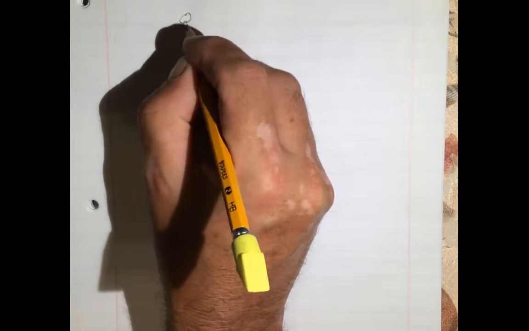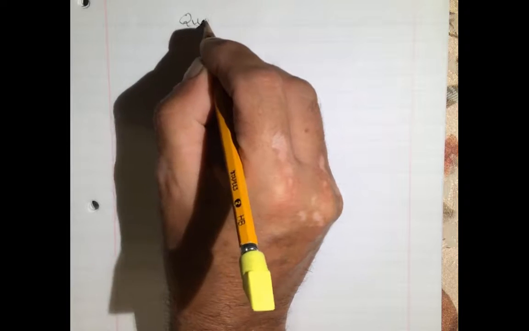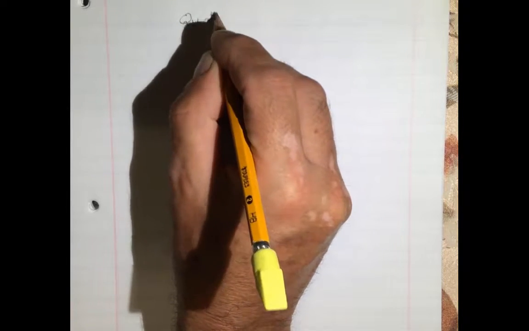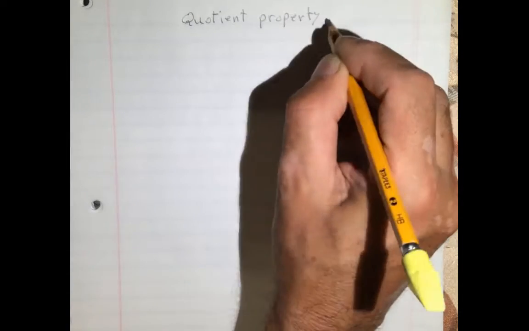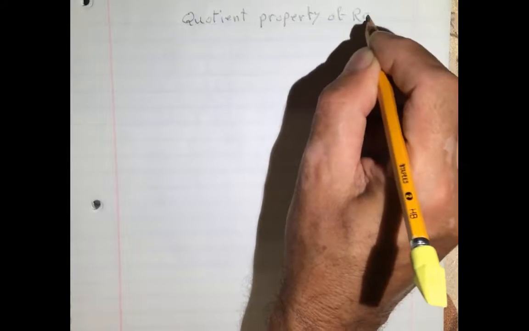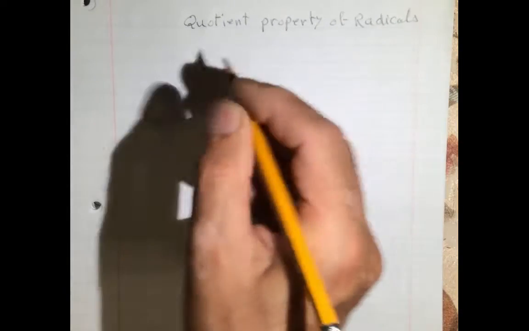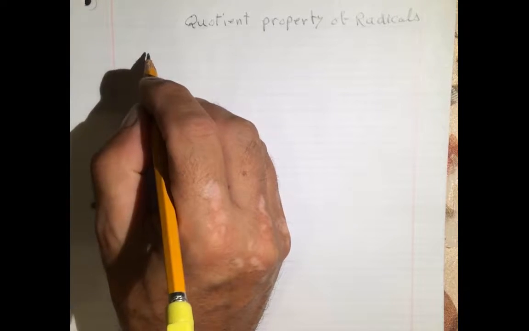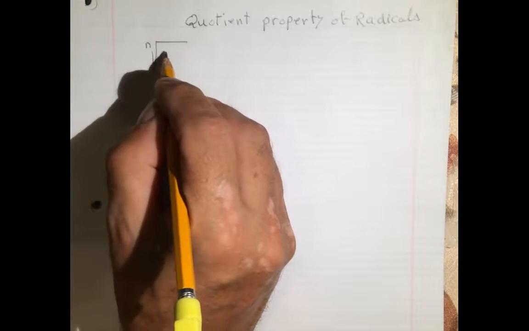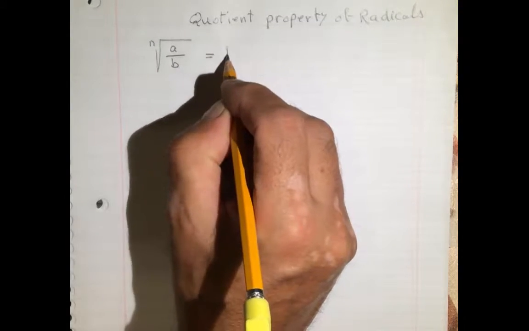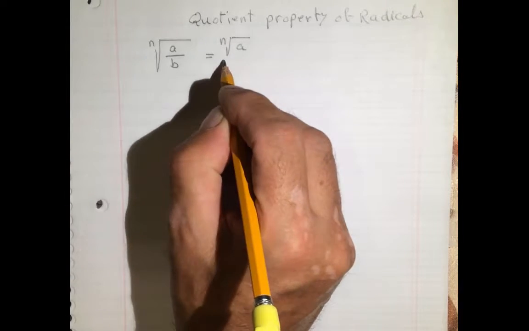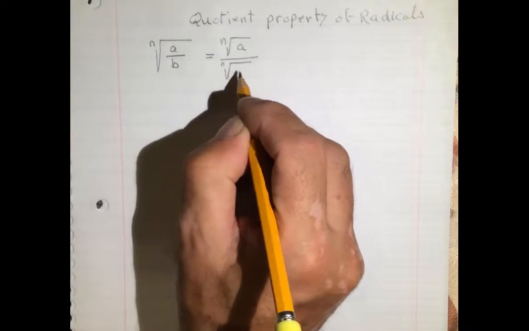In this tutorial, we are going to solve problems involving the quotient property of radicals, which says if you have the nth radical of a divided by b, that's equivalent to the nth radical of a divided by the nth radical of b.